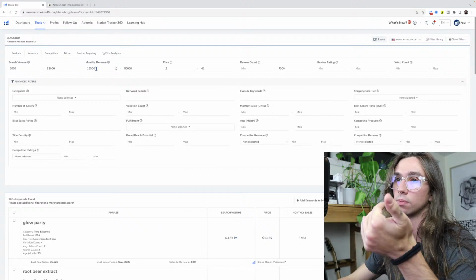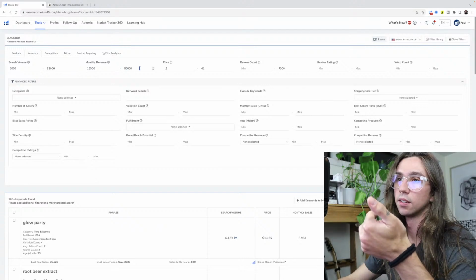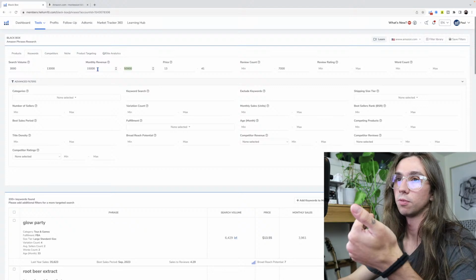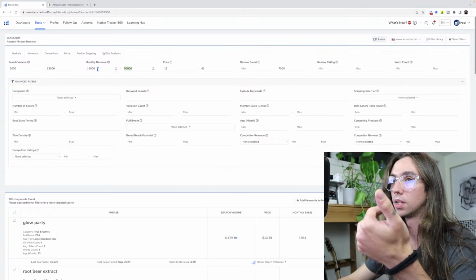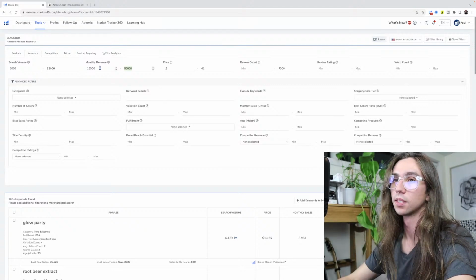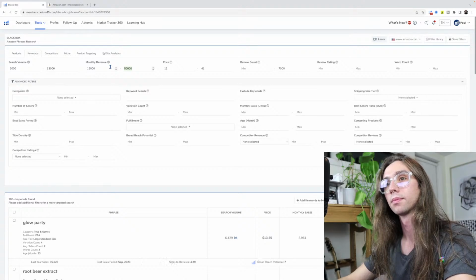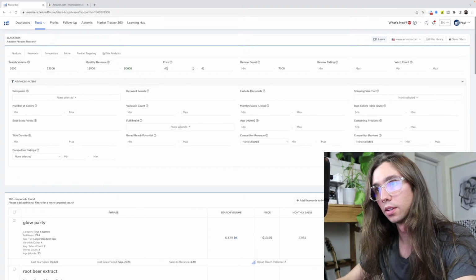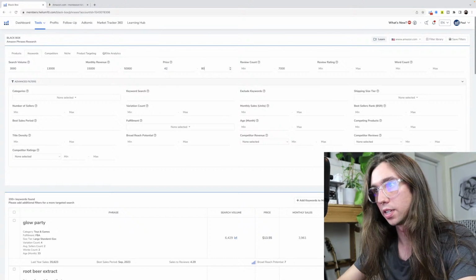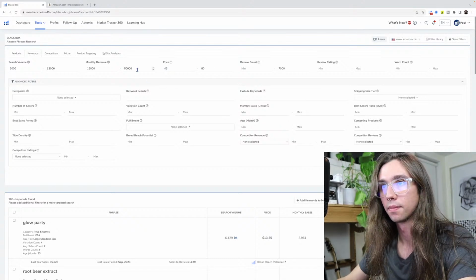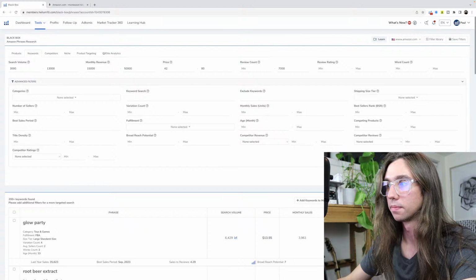Or instead of 15 to 50, you go 5 to 15. Look at some little guys, smaller markets, low-hanging fruit. That still works. I am curious though. Let's go like 40 to 80 and then leave everything else the same.